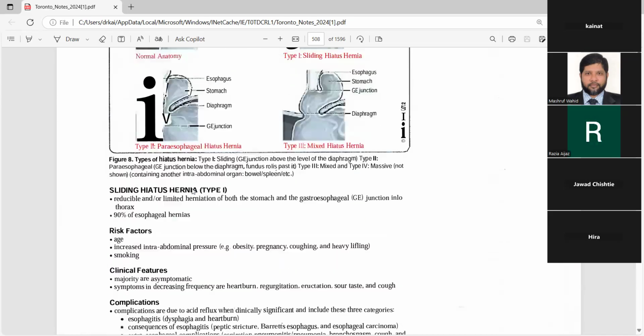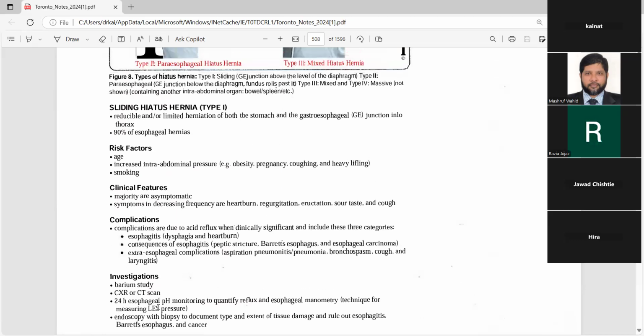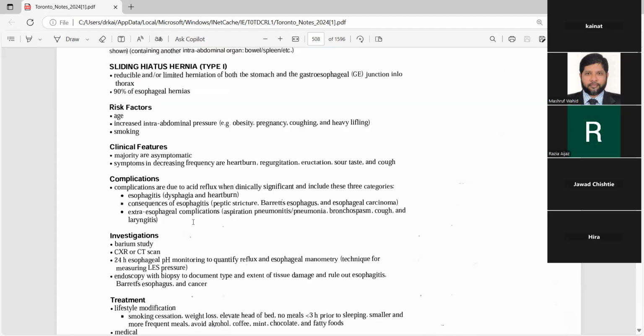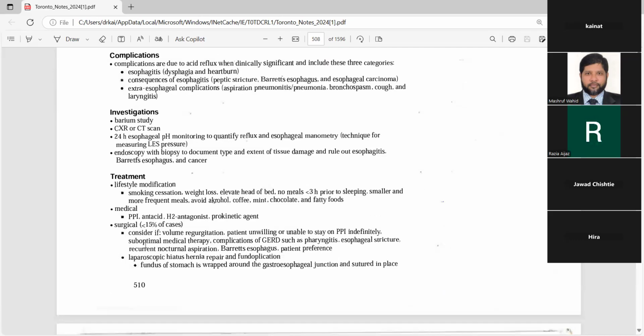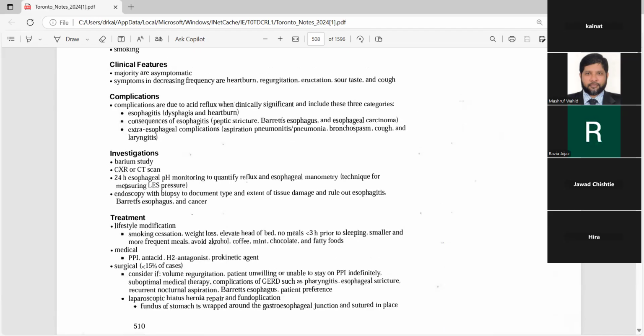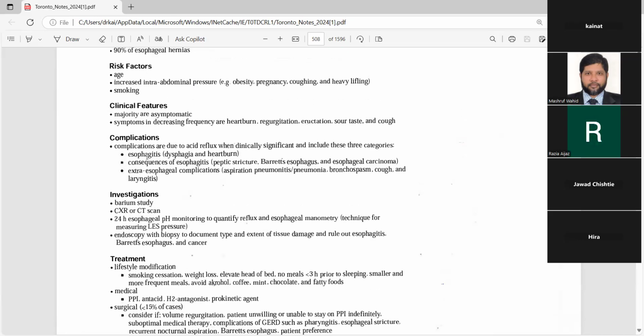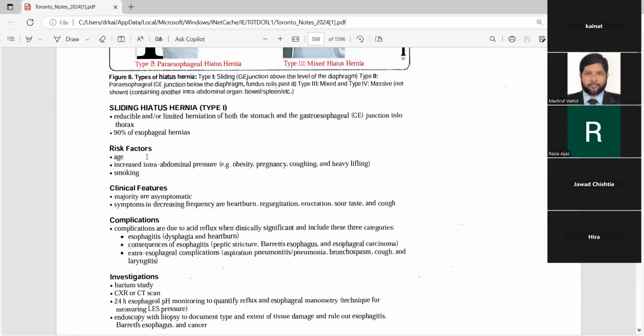Just the pictures, and there is one thing here. Why don't I miss this one? Because I saw one of the MCQs in the MCC practice test here. One of these can cause vitamin B12 deficiency. I'm not sure which one it is. I think sliding is basically mostly esophagitis, and investigation, surgical, 24-hour esophagram study.